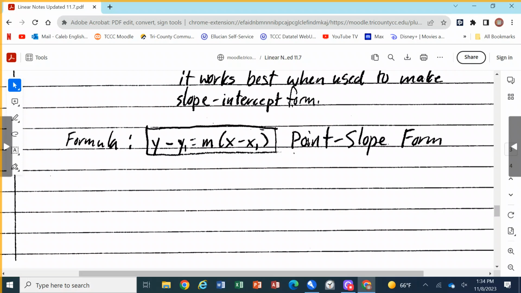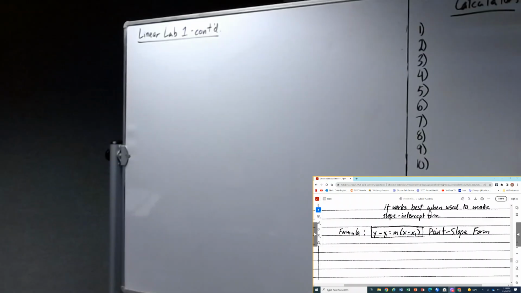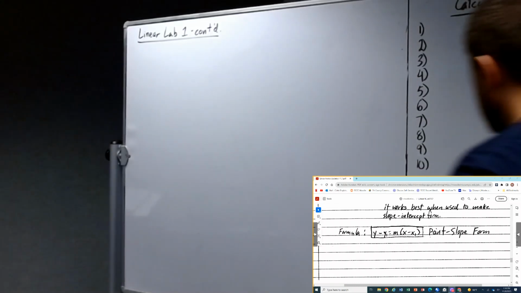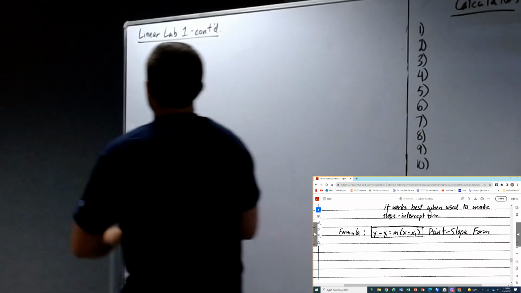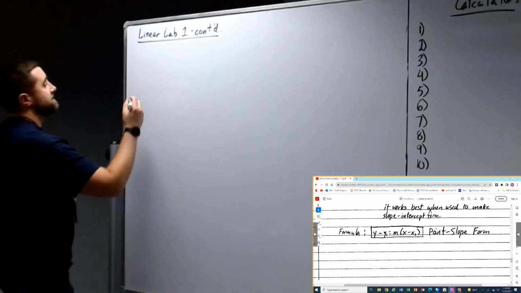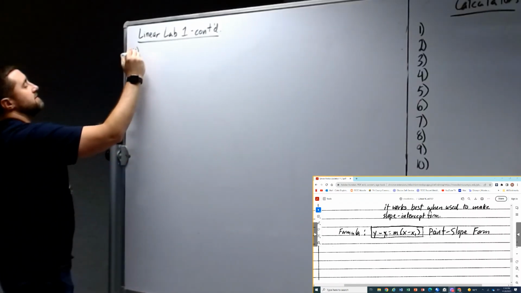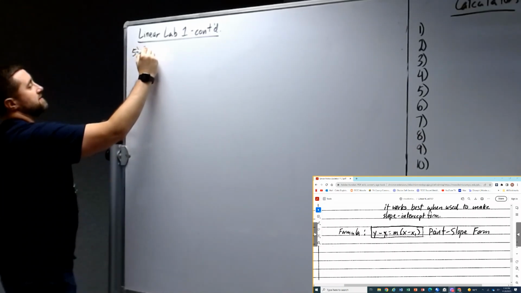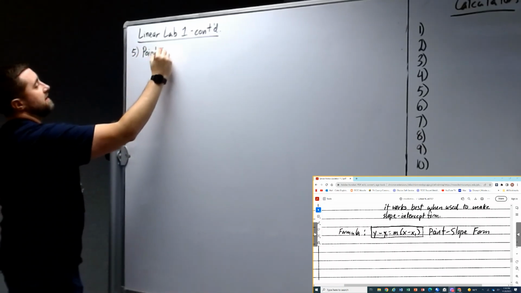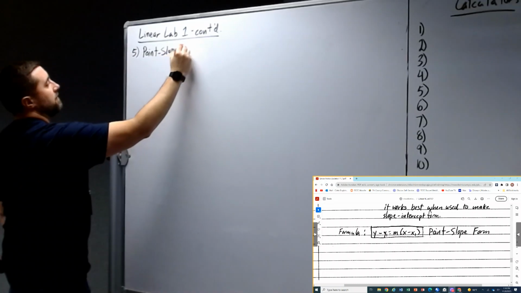So let me get this switched because we're going to put some of these on the board. All right. I think this was part 5 in the notes or something. I don't really know where it was on ours. So point slope form.